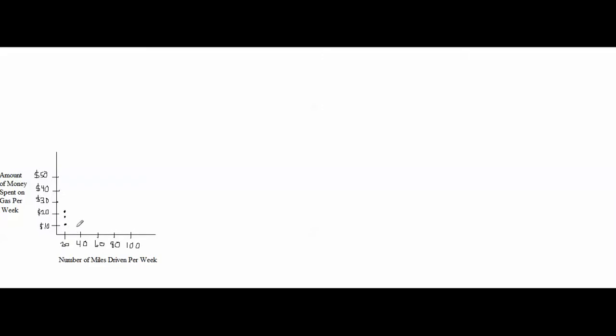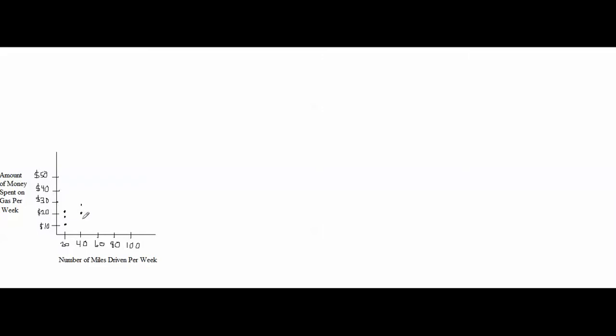What if 3 people tell us that they're driving 40 miles per week? Well, those 3 people won't necessarily all be spending the same amount of money on gas because they might be driving different cars that get different miles per gallon. So they're not all going to necessarily be at the same place over here, but they're all going to probably fall into a similar range.